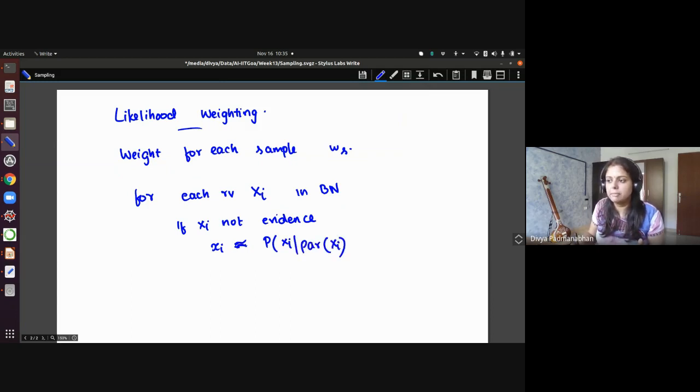So small xi is the sample. You draw a sample from this distribution. Typically if you read textbooks, they will use this symbol to say it's a sample from here. So if it's not evidence, you just do that.